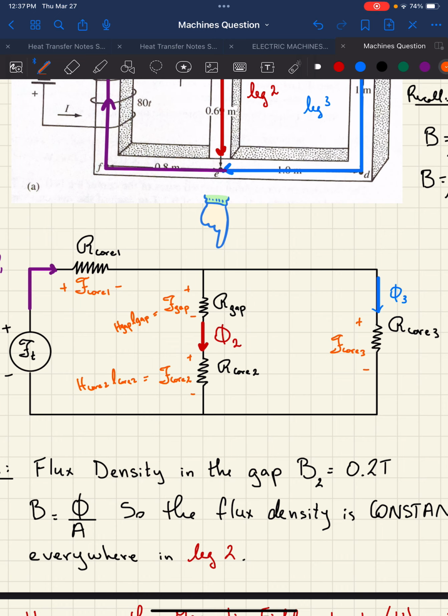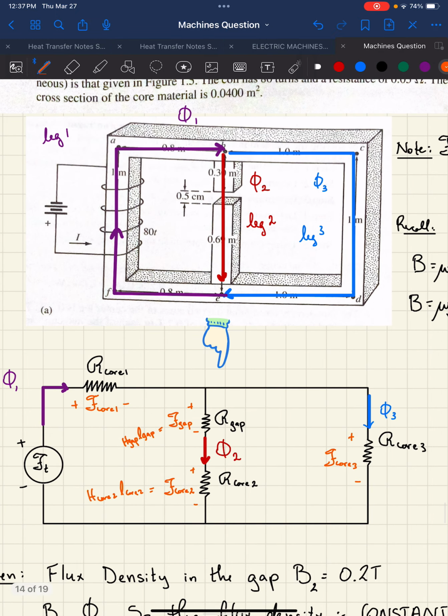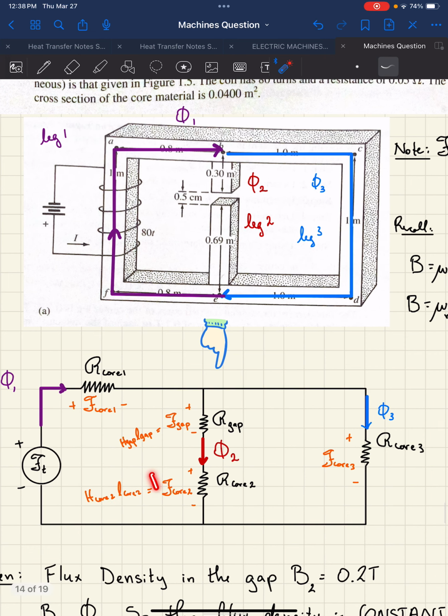We just found H core 2. What's L core 2? I'm going to erase this just so we can see. L core 2 is the mean length of core 2, which is this length plus this length. So it'd be 0.99 meters. So I take 0.99 meters, multiply by the H I just got, boom, I get F core 2.